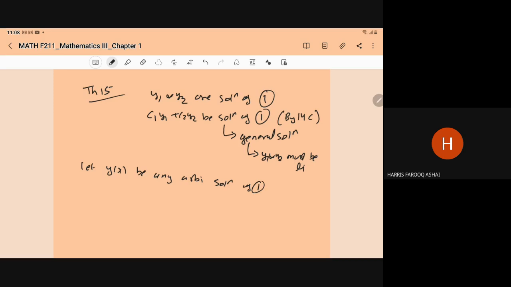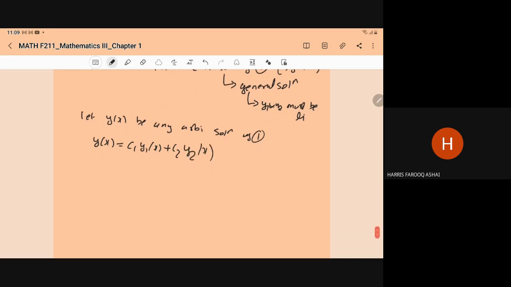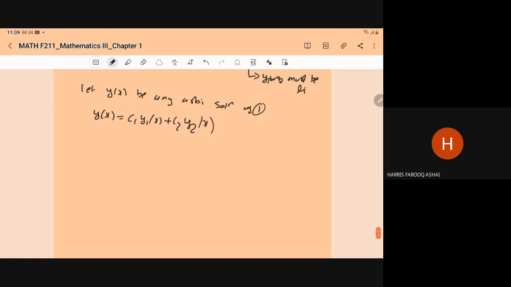Can we get yx from the given solution? That you can obtain only when yx is equal to c1 y1 x plus c2 y2 x, then you can say it is a general solution.